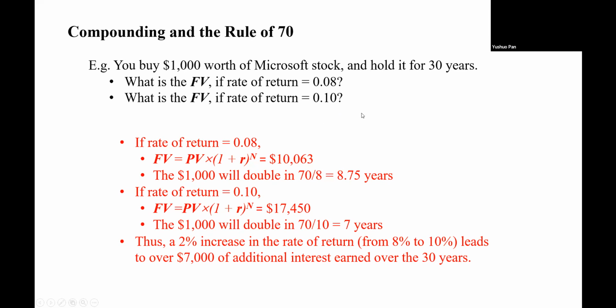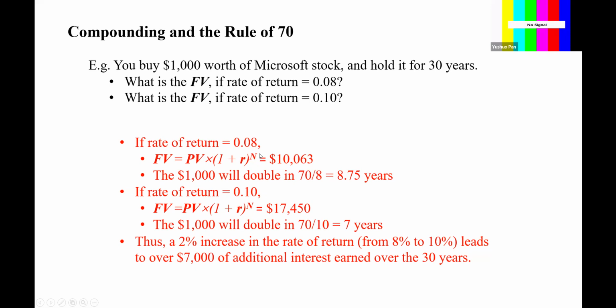But over 30 years, if the time is long enough, even though the rate of return is only 8%, your asset is almost 10 times, right? From $1,000 to $10,000. It's already 10 times.